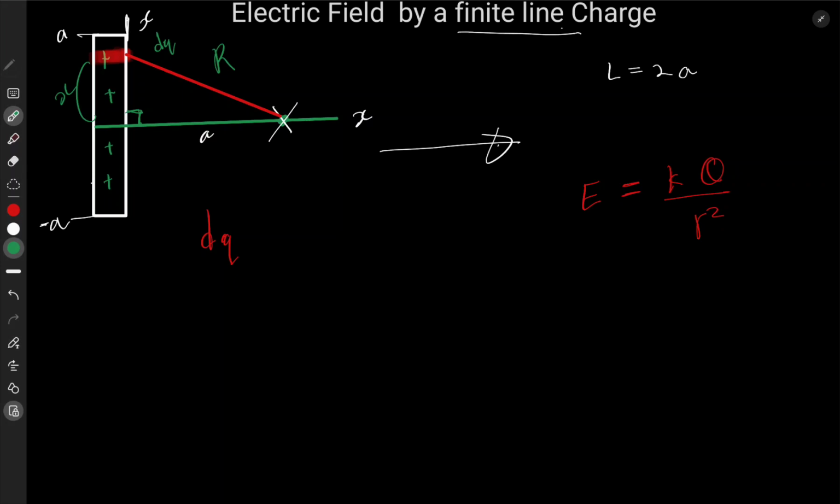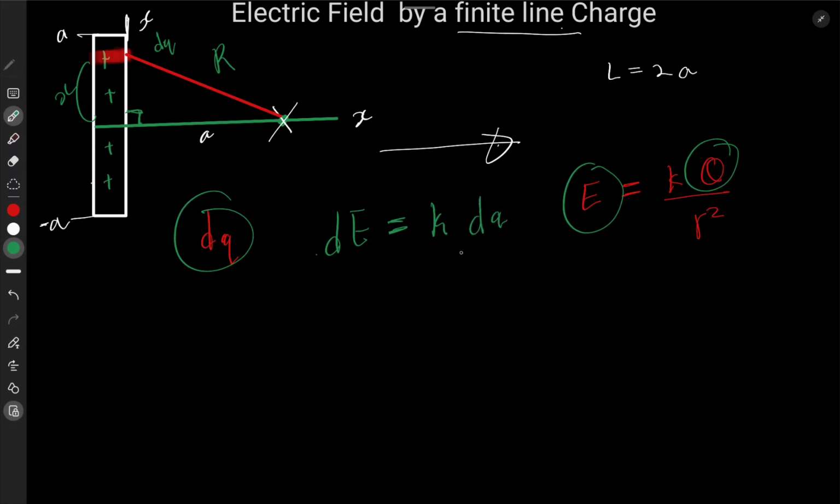This is a charge, so the electric field that we will be discussing will also be a d electric field, a small one. It's going to equal k, a constant, and for q we're going to use our dq, all over r squared. This is our r, the one I just called hypotenuse. It's called big R here.